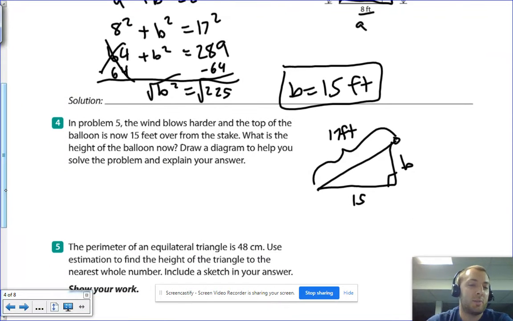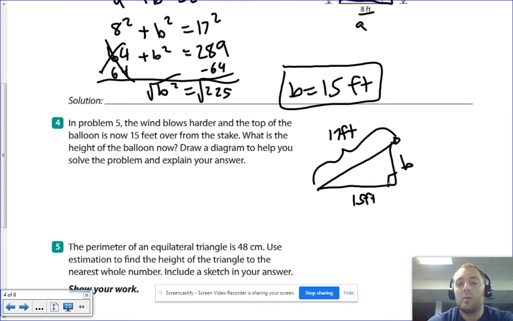Now, you might notice something about this, and if you notice it, awesome, please explain it. Because there's a really easy way to do this, and there's also a technical way to do this. But ultimately, we want to figure out how high it is now, if it's being blown farther over there. And so, take a look. It is a right triangle because it still could make that right angle to the ground.